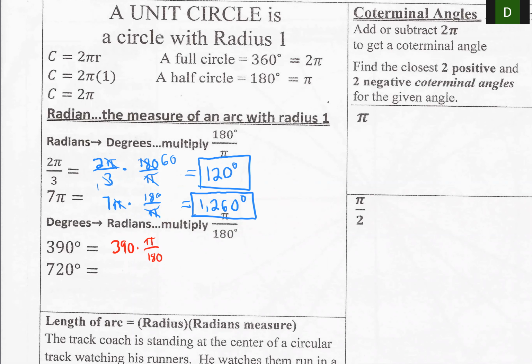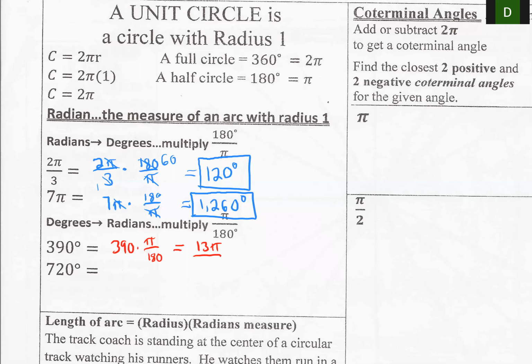So here, I'm going to divide the top and the bottom by 30. So 390 divided by 30 is 13. If you do 180 divided by 30, it's going to be 6.